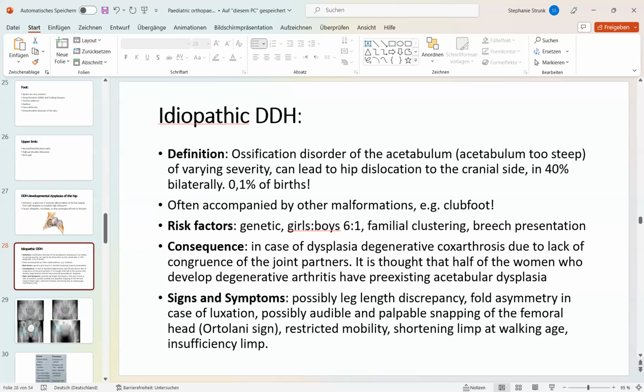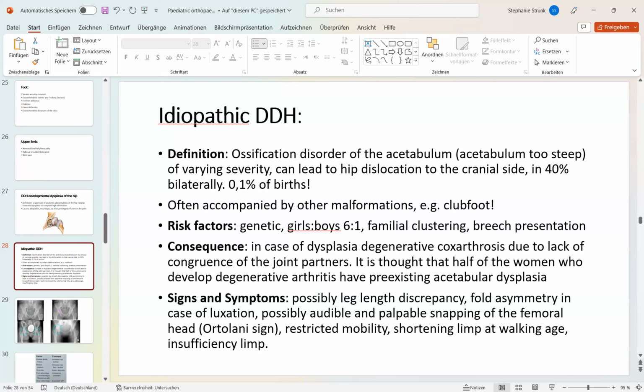If you just have a minor dysplasia, degenerative coxarthritis will develop due to the lack of congruence of the joint partners. It is thought that half of the women who develop degenerative arthritis have a pre-existing acetabular dysplasia. So by treating those kids, you can save half of the women from a hip joint replacement. I think that's really very rewarding.